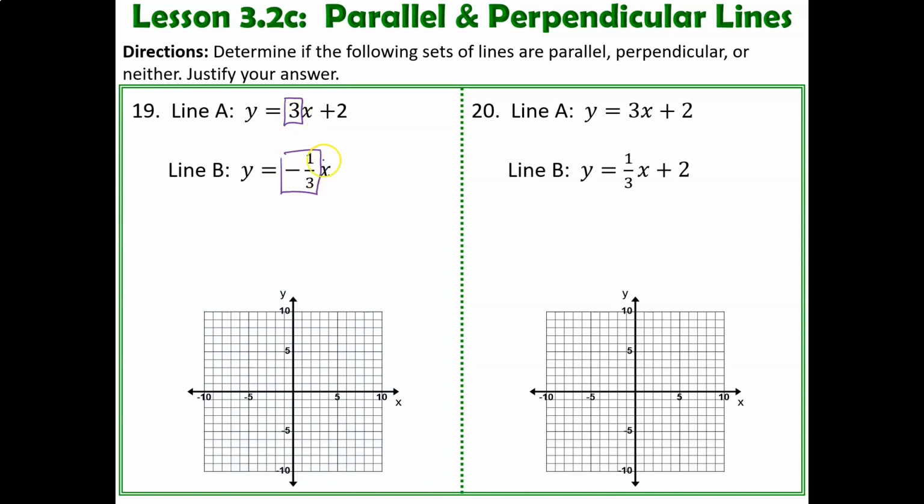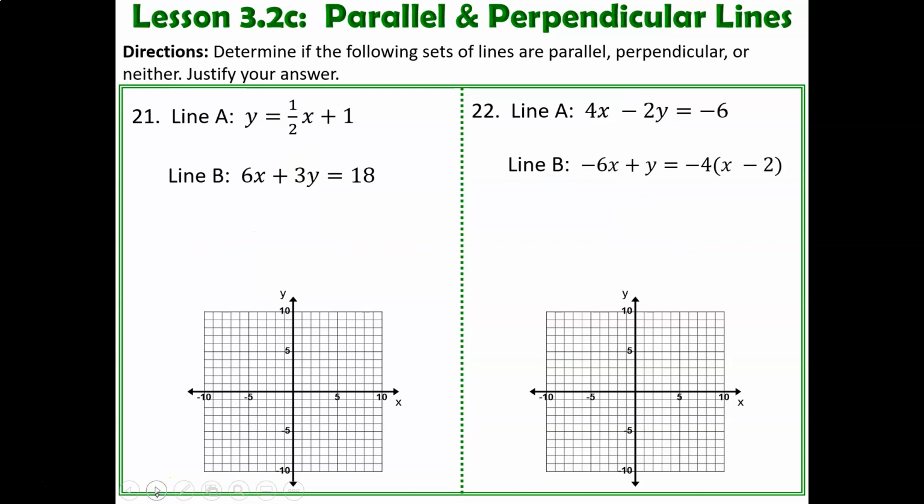That is reciprocals and opposite signs, so these are perpendicular. 20, we have 3 and 1/3. They're reciprocals, but not opposite reciprocals, so it's neither one of those. They're not the same, and they're not opposite reciprocals.